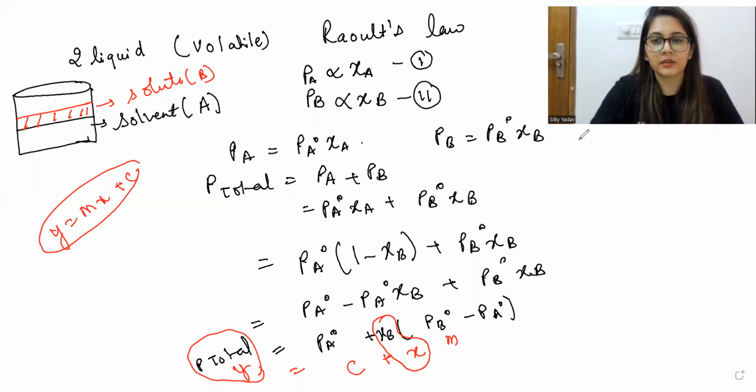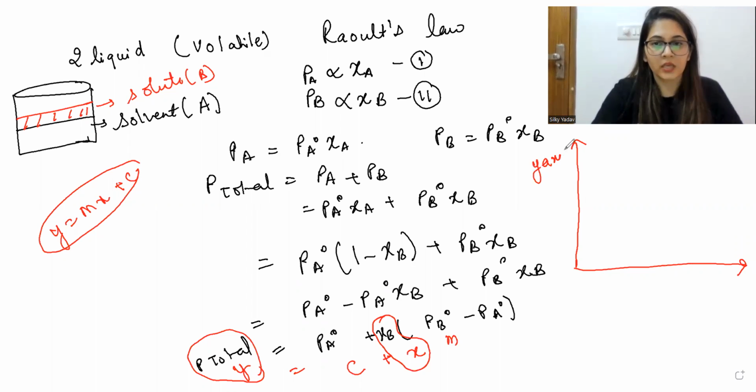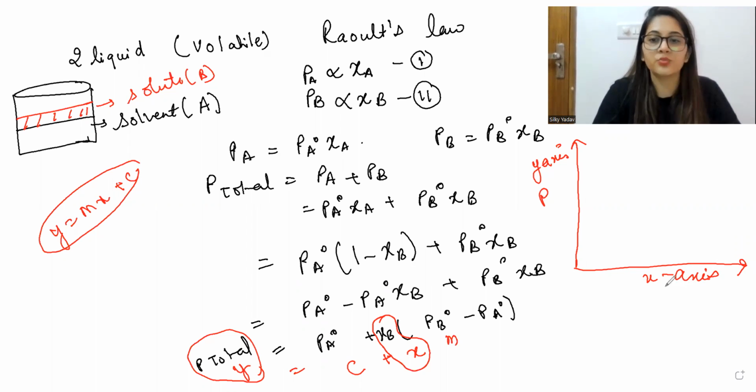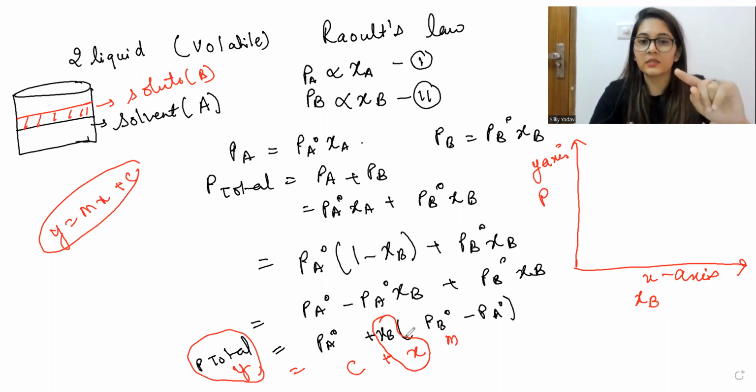Now, this is our graph which we are going to get. This is the y-axis, right? This is the x-axis. From this you can see on the y-axis we have to show the pressure, so this is the partial pressure axis. And the x-axis is going to represent the mole fraction of B, because you can see it is written already.